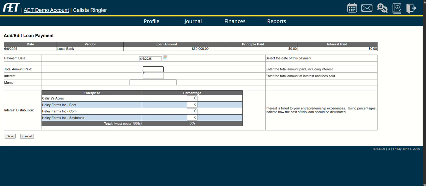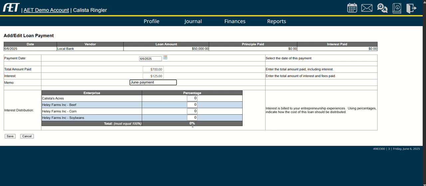I can do my date, how much did I pay, including interest. So let's say I paid $700 that month. How much of that was interest? Let's say the total amount of interest was $125. Memo, I could just say June payment.